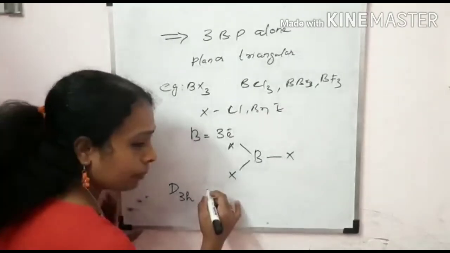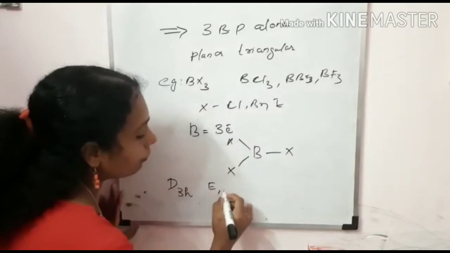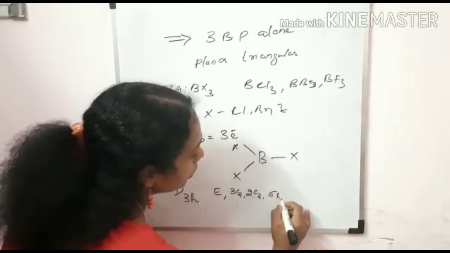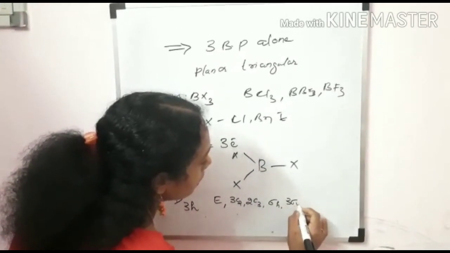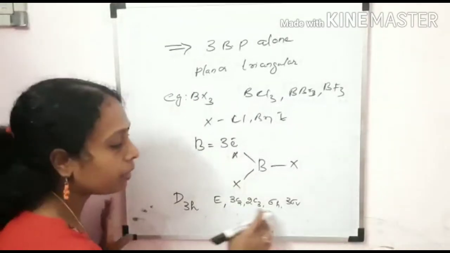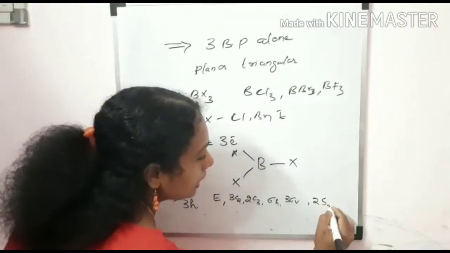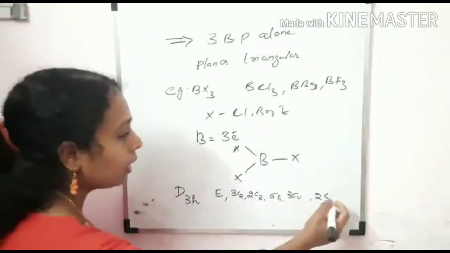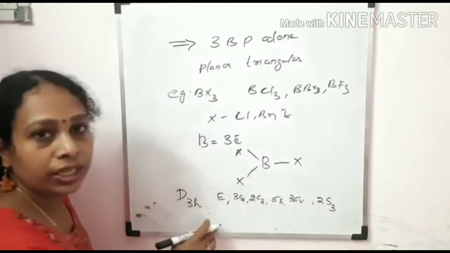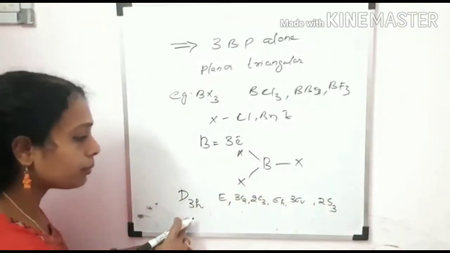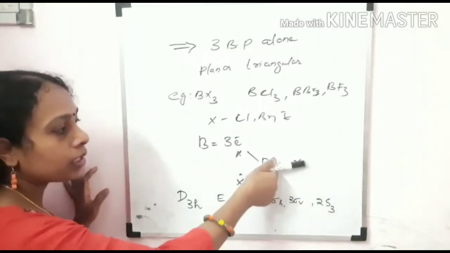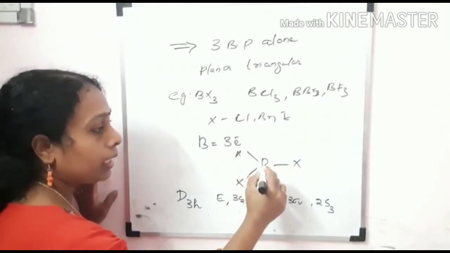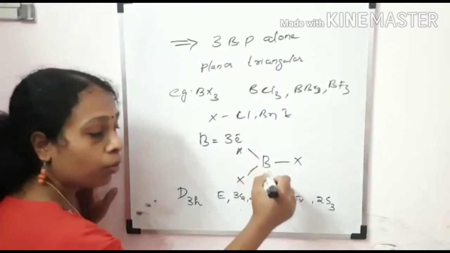Okay. Symmetry operations, I am saying symmetry operations: E, 3C2, 2C3, sigma H, 3 sigma V's. Wherever a C2 axis is there, sigma V's are there, and 2S3 is here. C3 and sigma H, S3 will be there. You just have to know the symmetry operations; there is no question about them. In the D3H point group, E is there, 3C2 means through each X, 1C2, 2C2 and 3C2, and the C3 operation is through the boron atom.